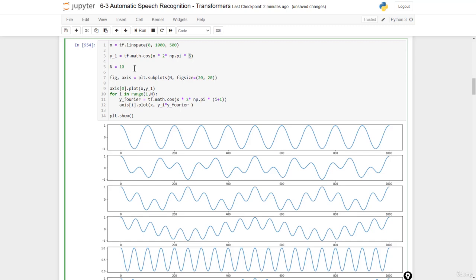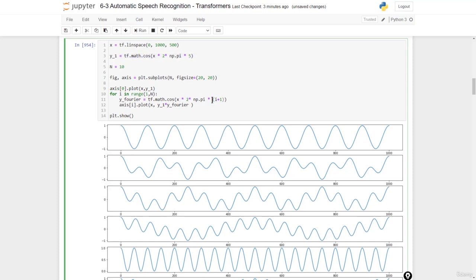Now once we have that, what we'll simply do is we have our initial signal, which is this cosine of 2 pi fx, which is this one right here, and then each time we're going to multiply this with a cosine of 2 pi (I plus 1).